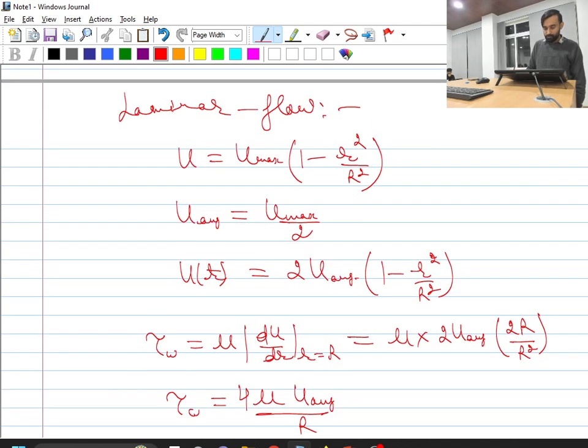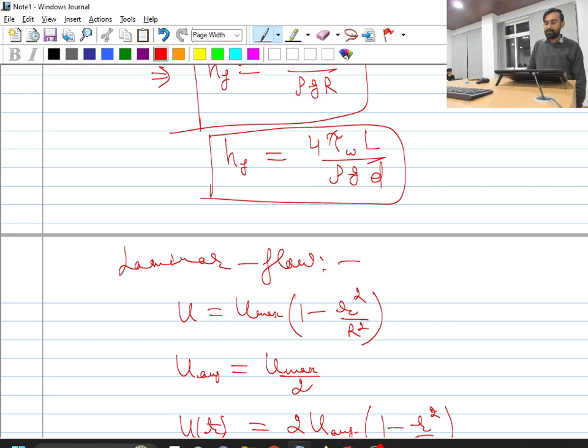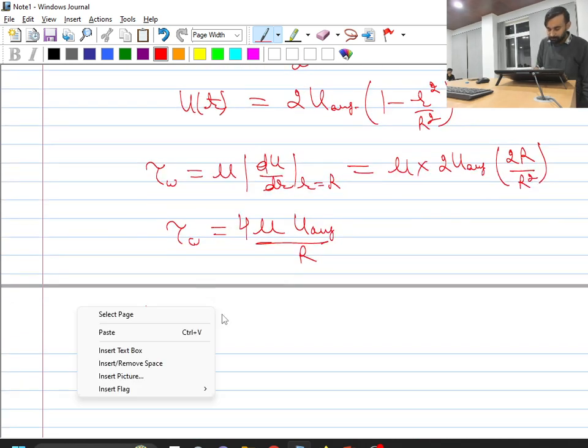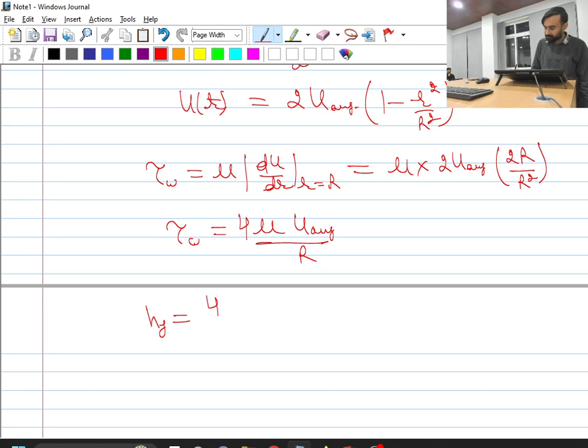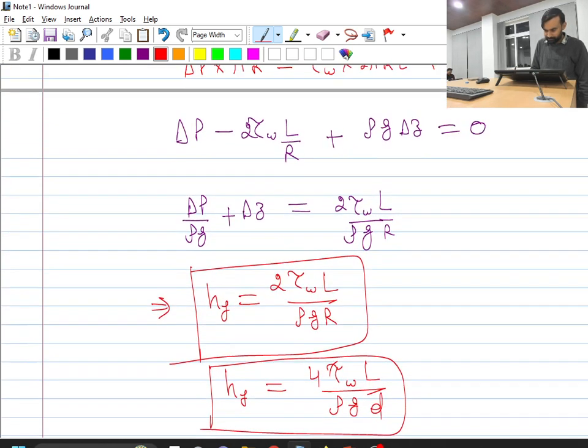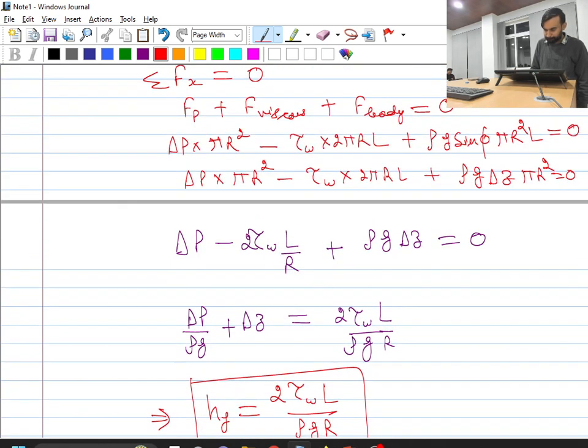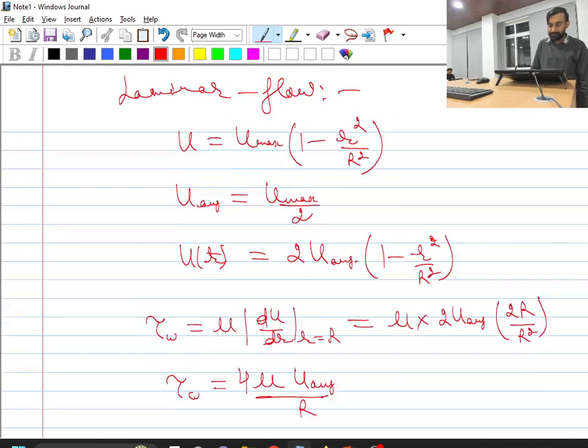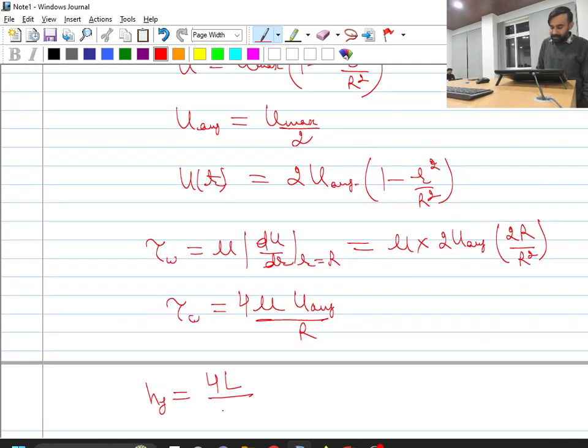HF is equal to 4L by rho G D into tau W. What is tau W? 4 mu U average by R, and this R also I can write as D by 2.